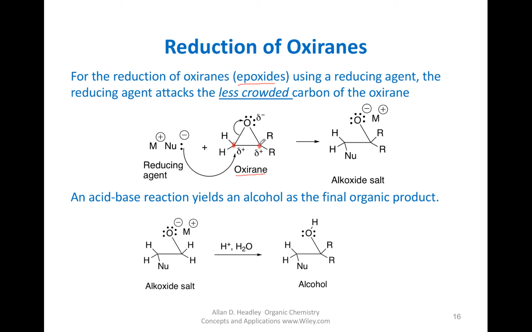This carbon is also partially positive because of this oxygen, which is electronegative and pulling these electrons here towards itself. So therefore these bonds here are polar covalent bonds. The nucleophile here in our organometallic reagent or reducing reagent in this case is negative, so it will be attracted to one of these carbons.